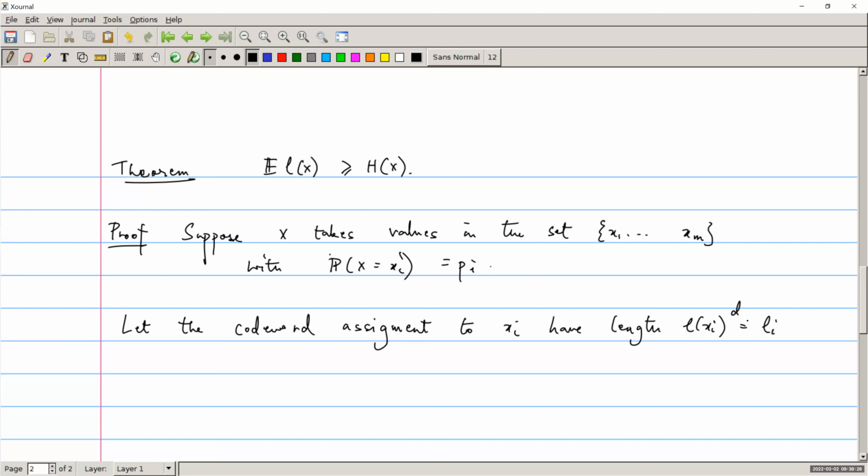The length of the code word assigned to xi, we'll define as li. So li is just a number.